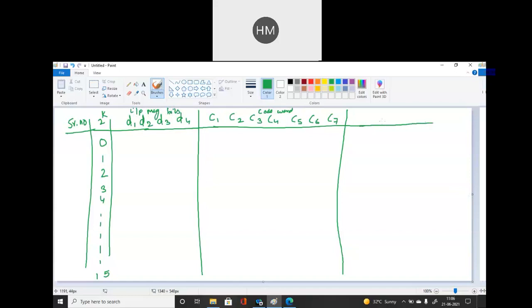Then the minimum distance between two code words, that is the distance. Now this is the code table generated. Everyone has made the table. Now you can write all possible 16 combinations over here.